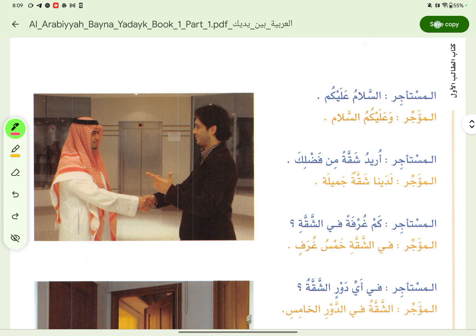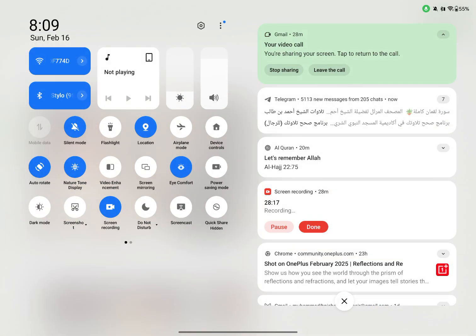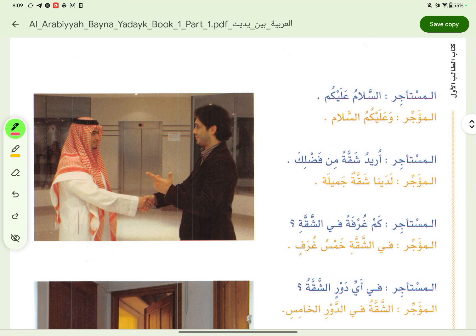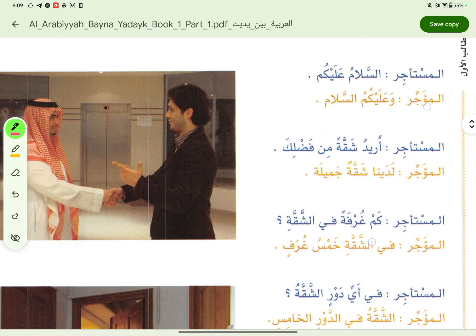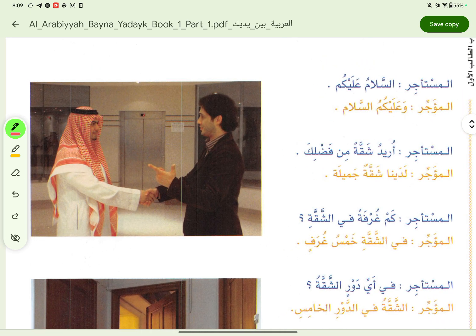So here, let's raise the brightness up a little bit. We have here Assalamu alaikum, wa alaikum assalam, tahiyya, which is salutations. Now we have another new verb, urid. The mustajir says uridu shaqqatan min fadlik.